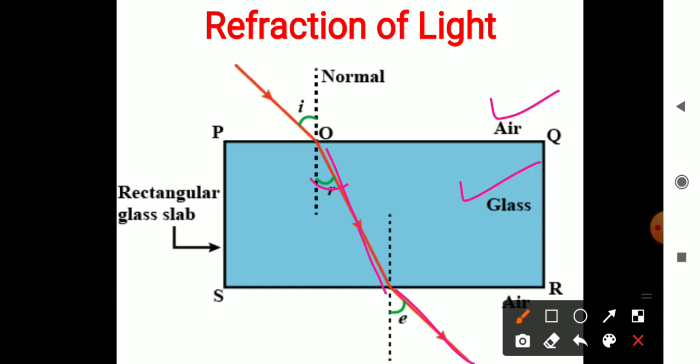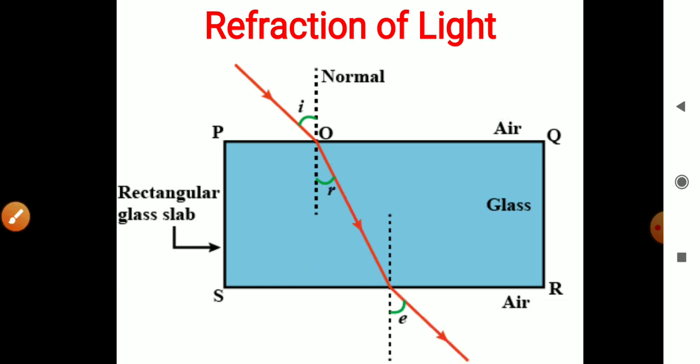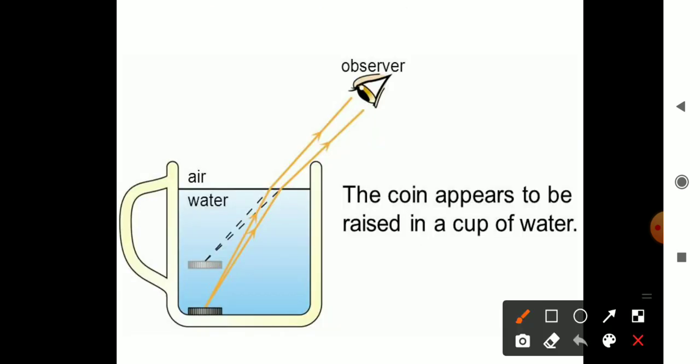Now you will be able to understand why this coin appears to be raised in a cup of water, because there is a change in medium. See, this is a coin.